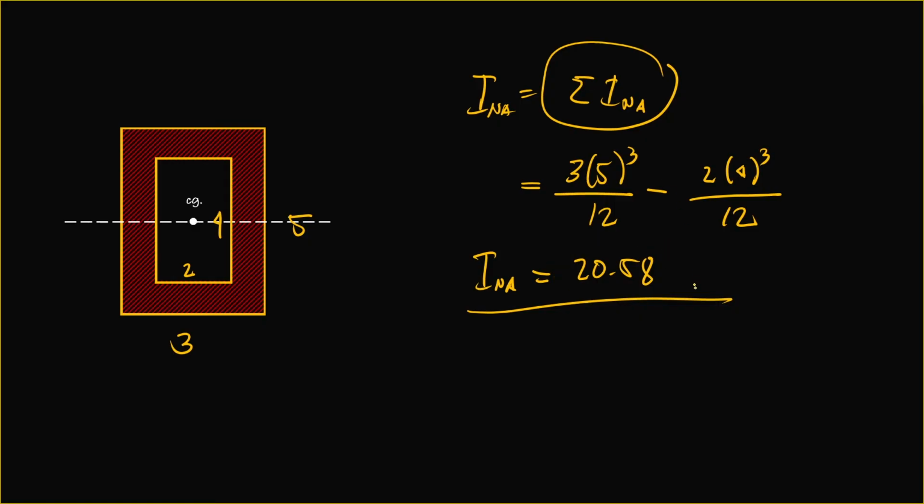It is 0.333 repeating, so instead of rounding off, store the value in a letter on your calculator, then use the letter as the representation of that quantity, so that the whole value is used. Okay, so that's your value for INA.